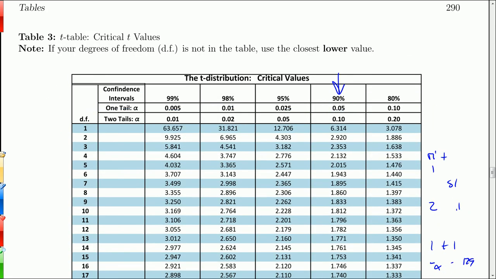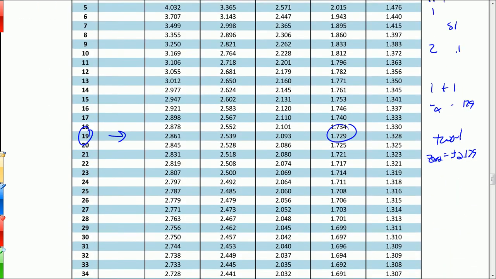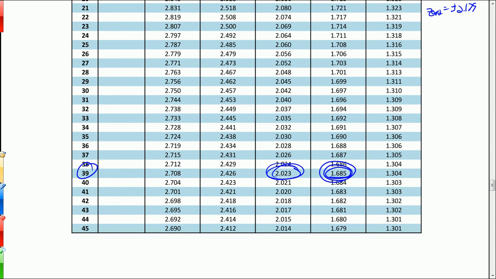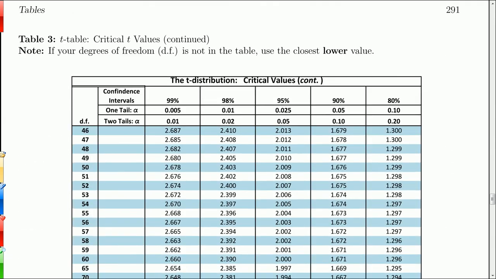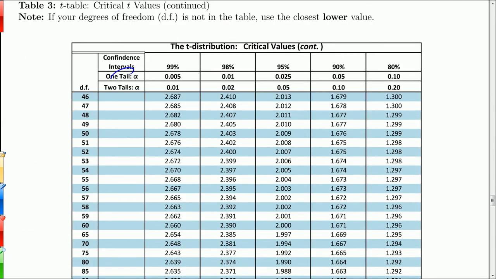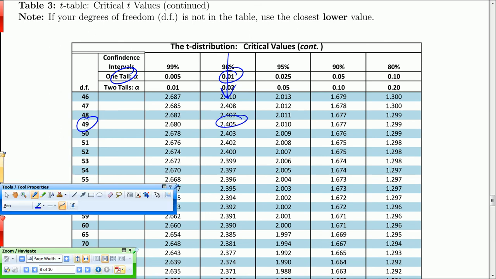So if it's one tail, 0.01, I'm in this second column, so I have to go down to 49. Second column, oh good, it's not hard to get to at all. One tail, 0.01. 49 is my degrees of freedom, 2.405.